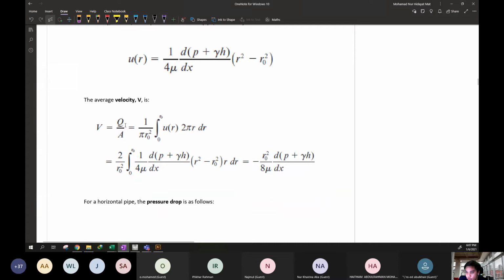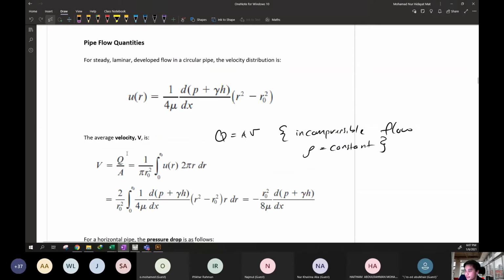So we know the continuity equation Q equal to AV for incompressible flow when the density is constant. So we try to substitute.